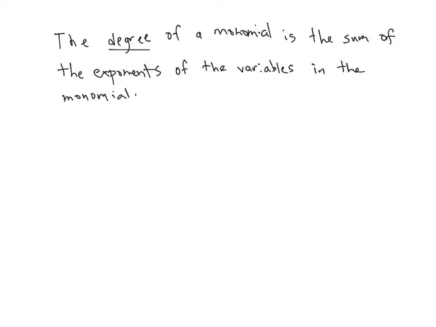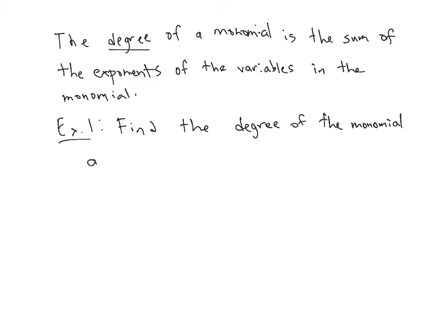So we're going to do a few examples of this here. I'm going to call it example 1. Find the degree of the monomial. And as we're looking at this, we're just going to look at those exponents, and we're going to use the exponents to find the degree. So example 1a, 5x squared.